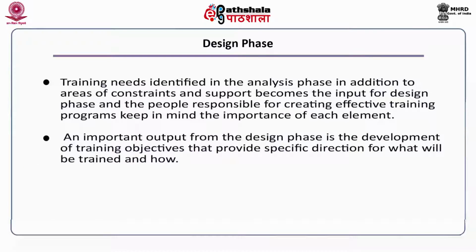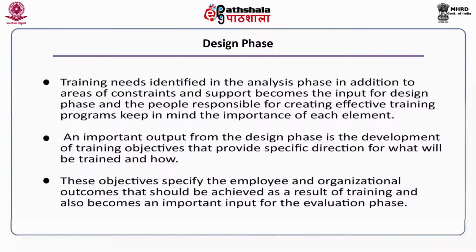An important output from the design phase is the development of training objectives that provide specific direction for what will be trained, who will be trained, and how they will be trained. These objectives specify the employee and organizational outcomes that should be achieved as a result of training and also become an important input for the evaluation phase.